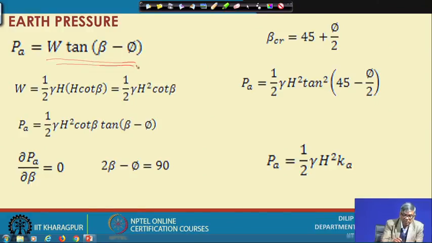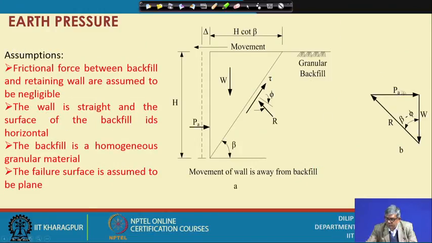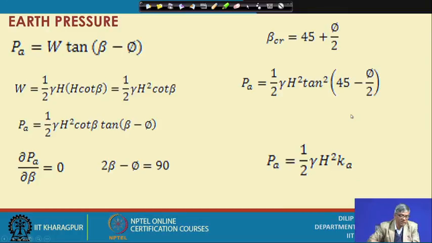From the polygon, we can find P A in terms of W, beta and phi. So, that is the thing done. You can see P A equals W tan (beta minus phi), and W we can calculate from geometry.